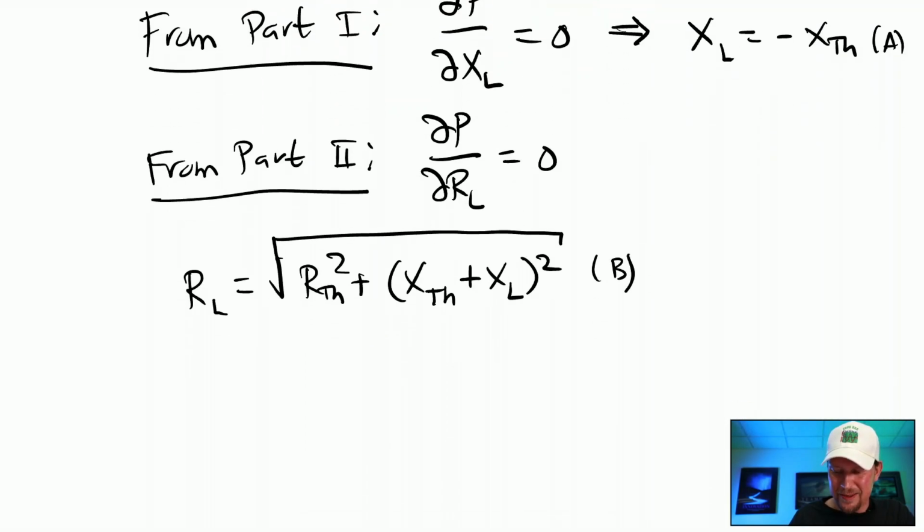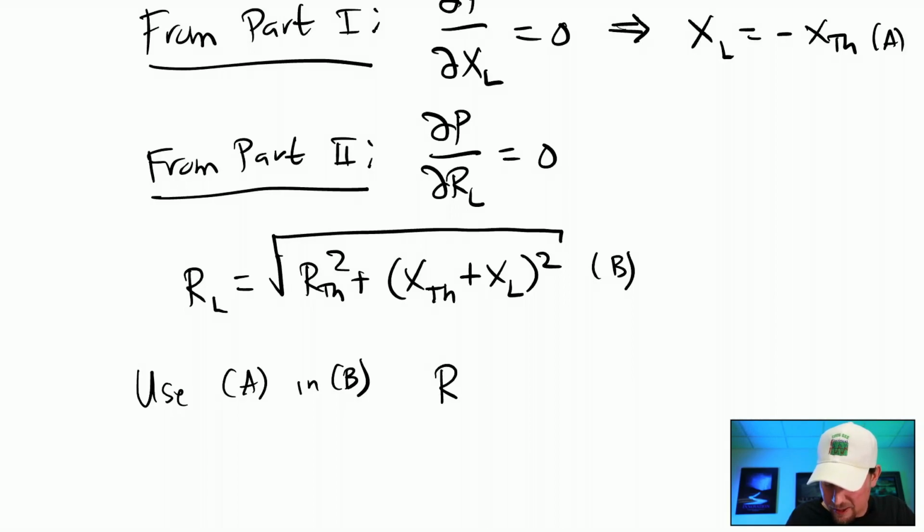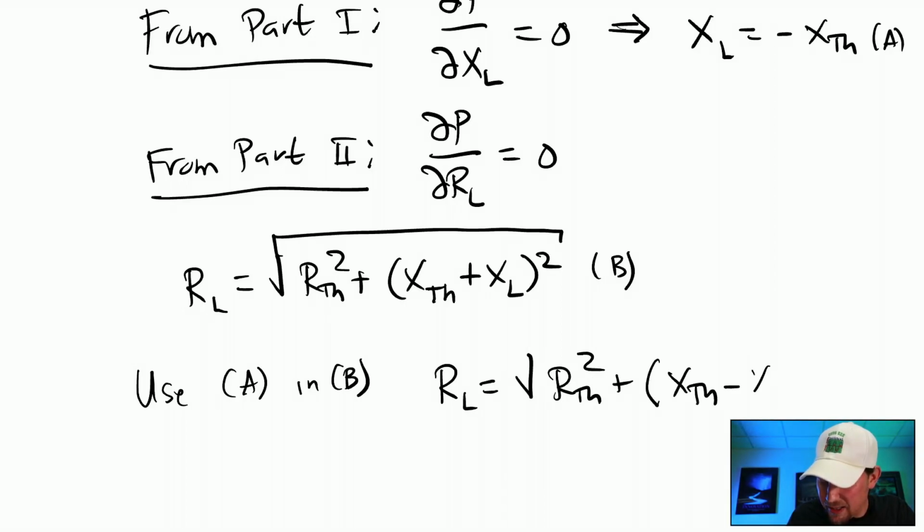And notice very, very easily and nicely, if I actually use A in B, right, then the conclusion is that R load is equal to the square root of R Thevenin quantity squared plus X Thevenin minus X Thevenin quantity squared.